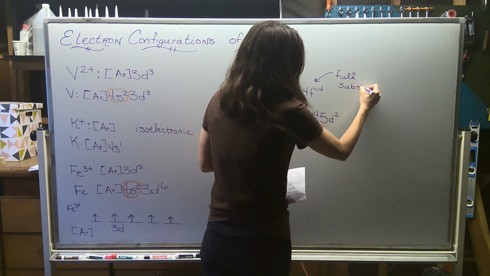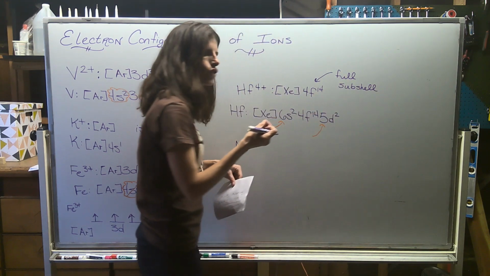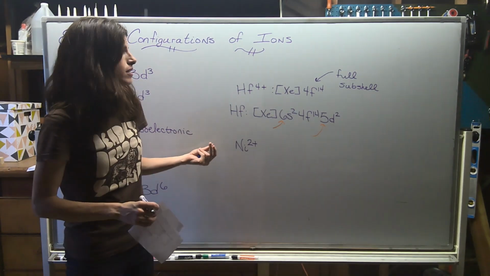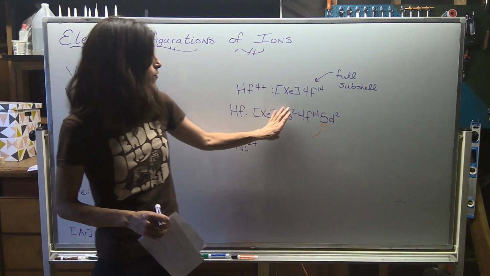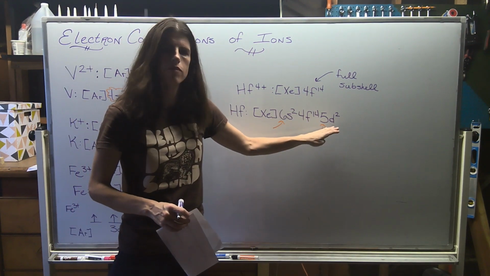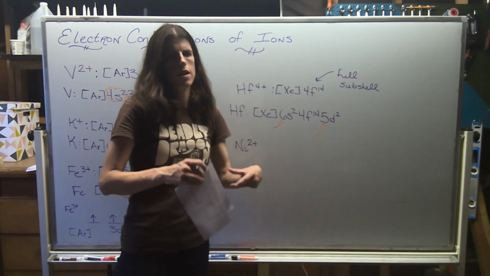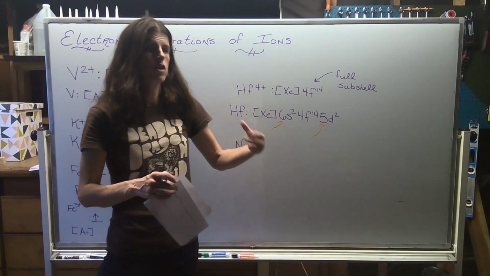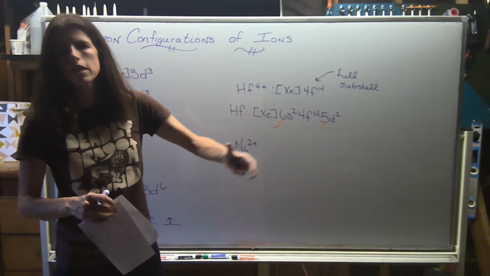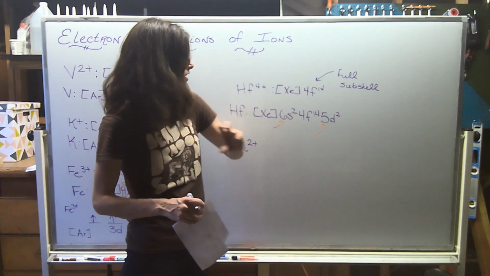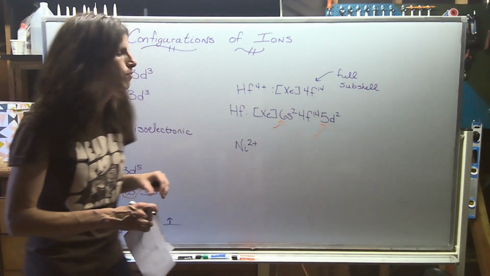There's a bunch of different ions that transition metals can form, and maybe hafnium 2+ is a possibility. But if you have a 2+, then you still have this 5d2 hanging about, and it's just kind of messy, and unstable. Not completely unstable, but it's more stable to get rid of it and have a full subshell.